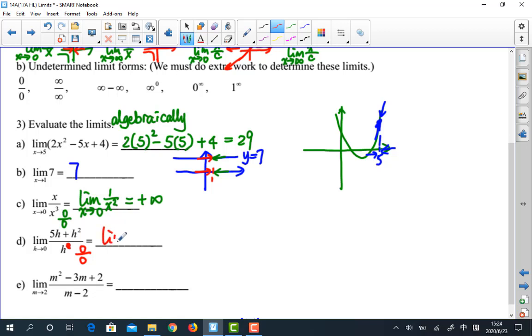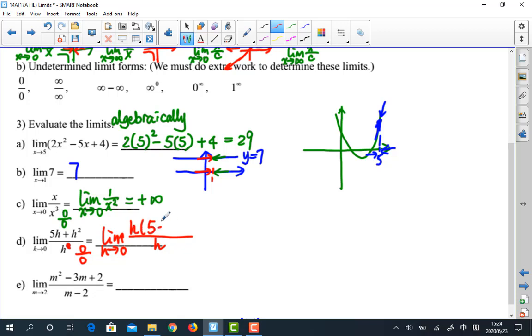So the actual work will be, since this is a rational function, I will use factoring in the numerator, factoring in the denominator if possible. There's nothing you can factor in the denominator. Let's keep h there. But we can factor the numerator by taking out h.